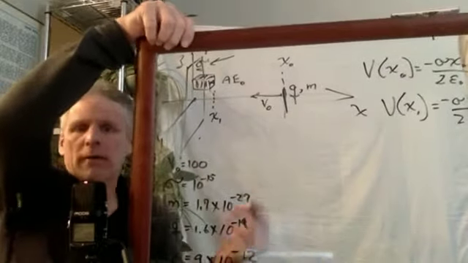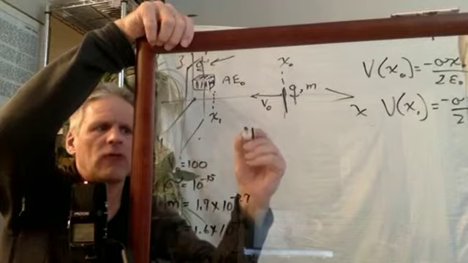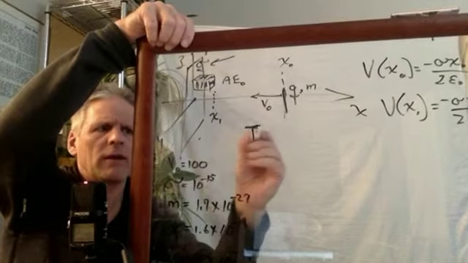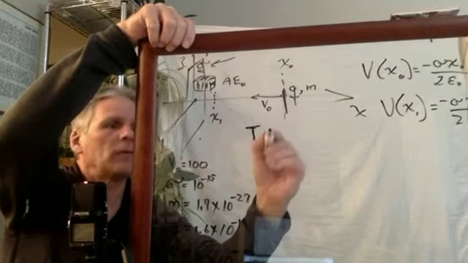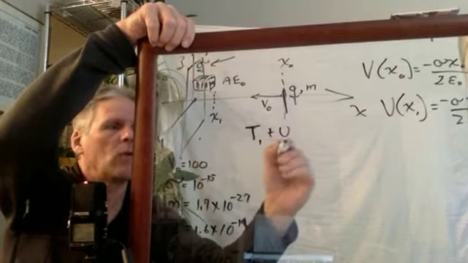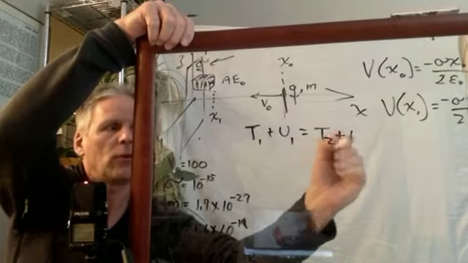And we know that energy is conserved. Our initial kinetic energy, they commonly write that as T. So T plus U, our T1 and U1, is going to equal T2 plus U2.